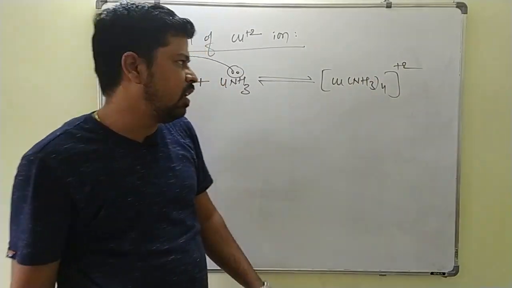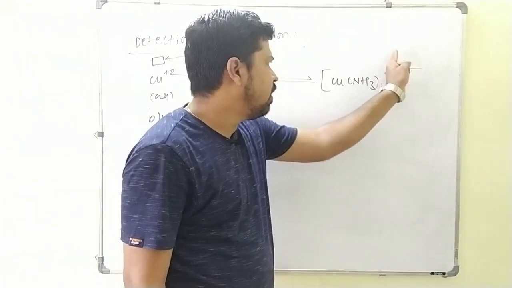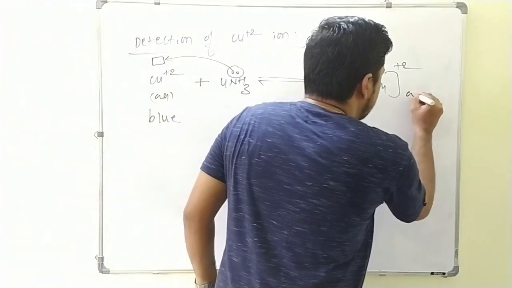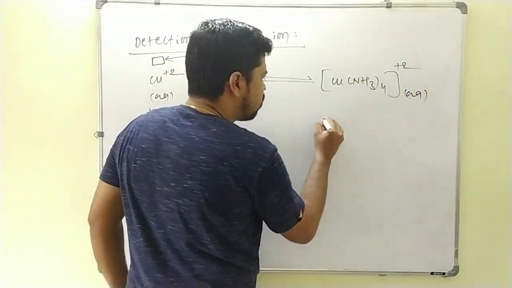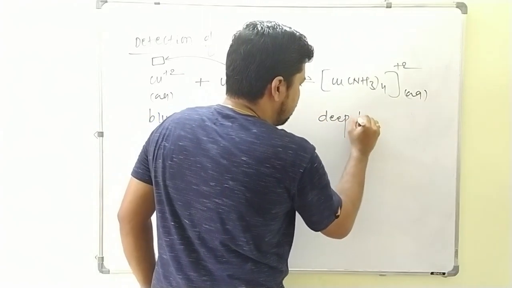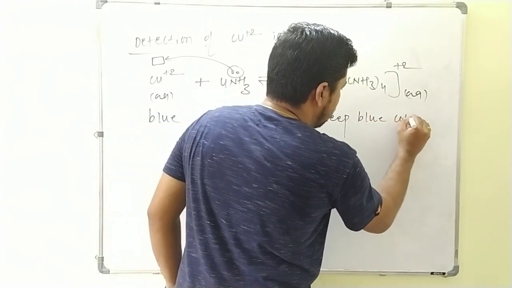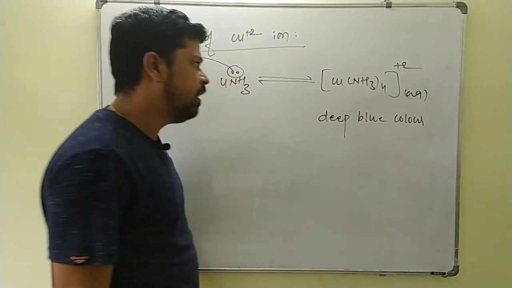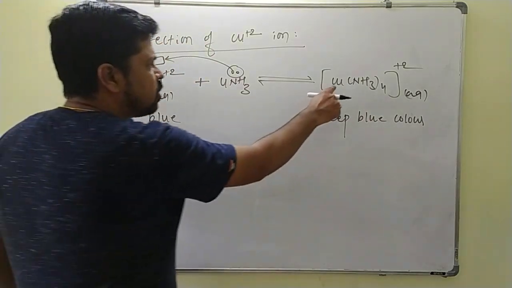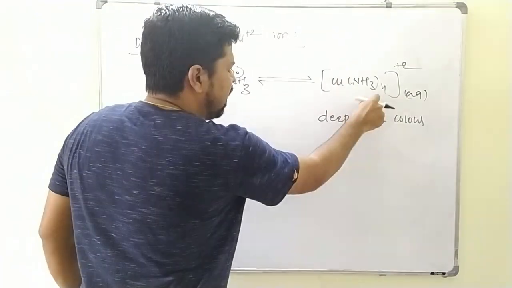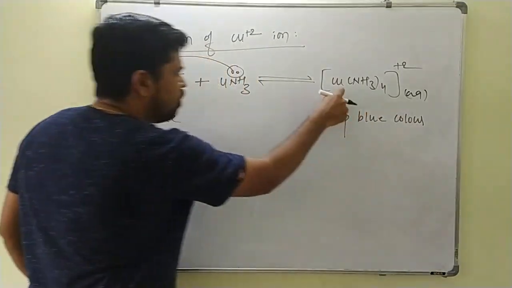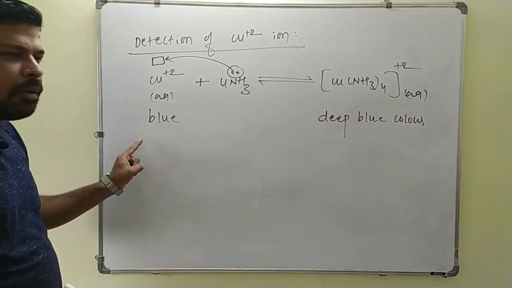That is the tetraamminecopper(II) ion. In the aqueous medium this complex is formed, and this complex has a deep blue color. Before the formation of this complex, it has a blue color.